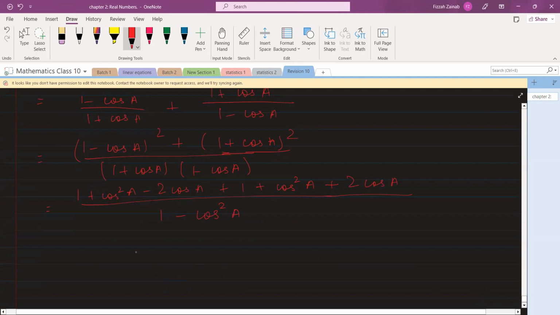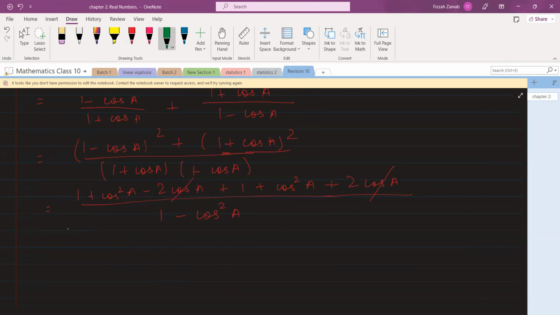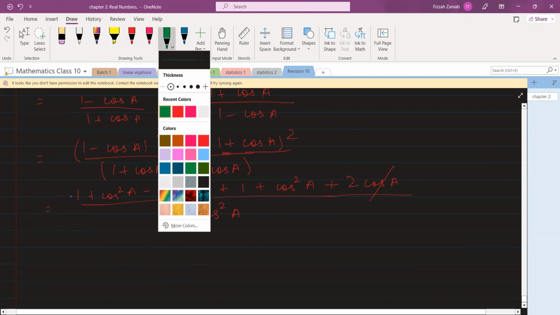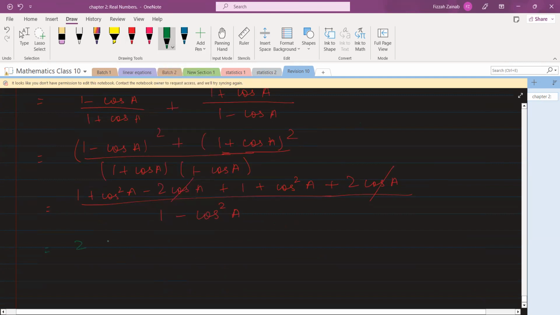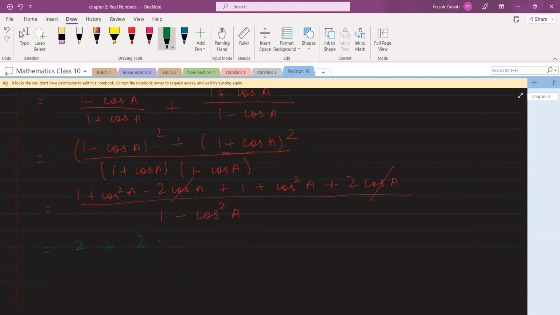Now this will cancel, plus and minus, right? Now 1 plus 1, I have 2. Then you have both are cos, so you get 2 cos square A. That's it.